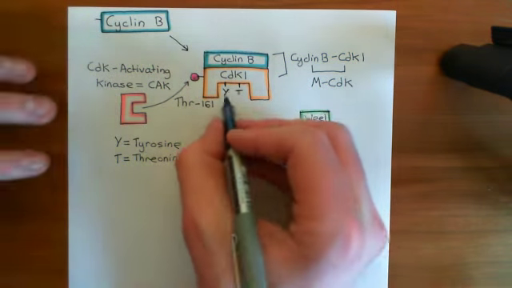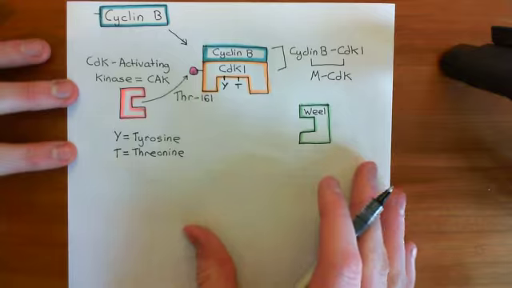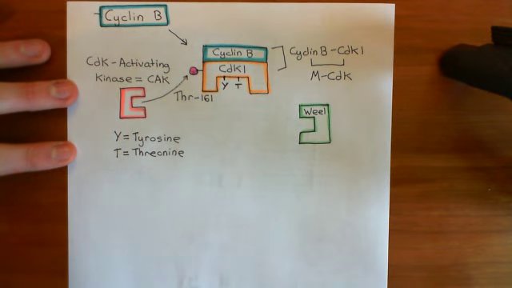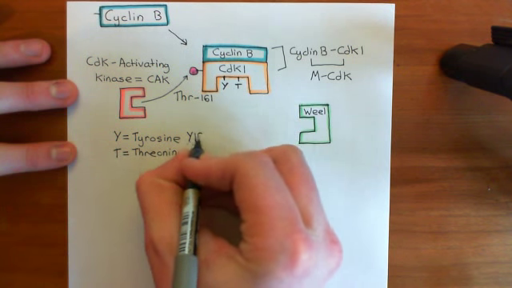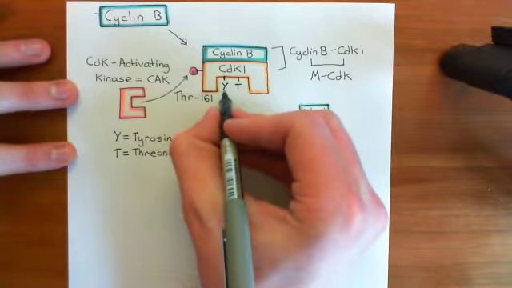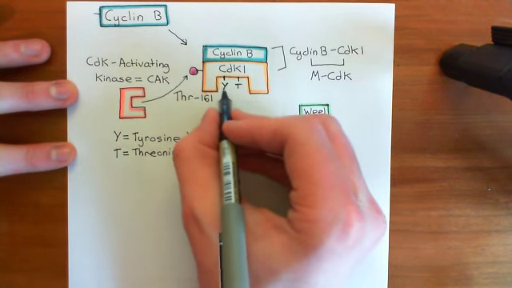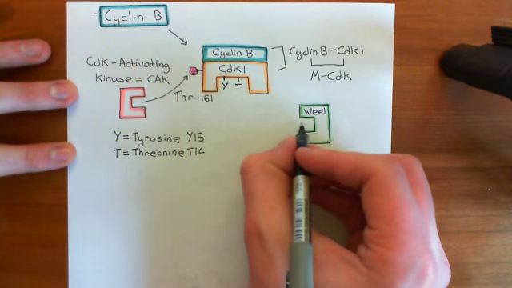Okay, so you have a tyrosine residue and a threonine residue within the active site of your cyclin B CDK1 complex. Okay, specifically the tyrosine is number 15 and the threonine is number 14. Okay, so these two residues are going to be the target of this WEE1 kinase enzyme.